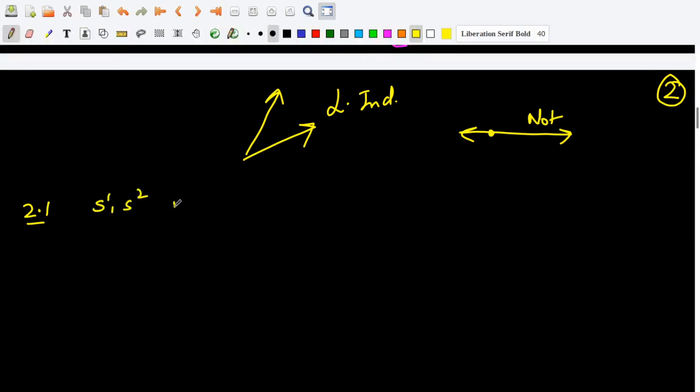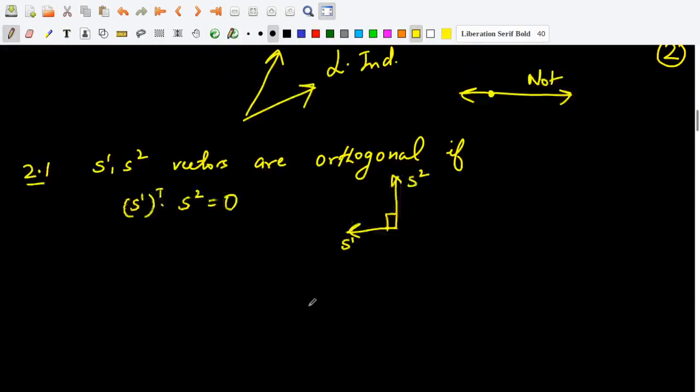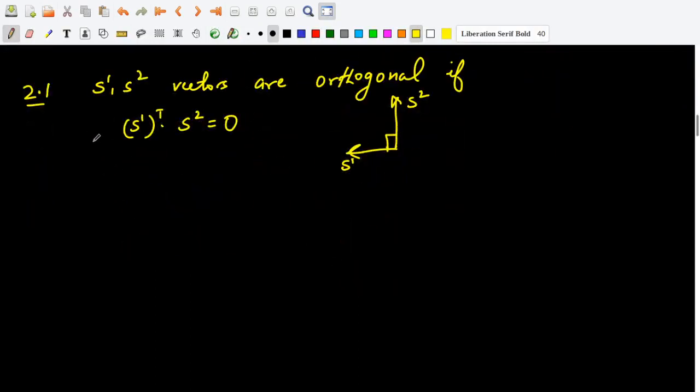S1, S2 vectors are orthogonal or perpendicular to each other if S1 transpose S2 is equal to 0, and geometrically what it means is S1 and S2 make a 90-degree angle.